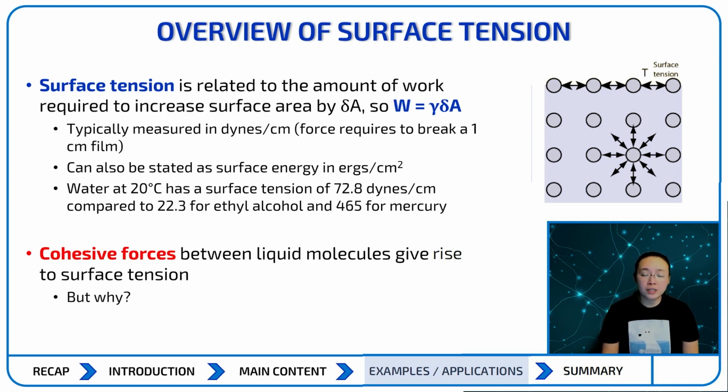Next, you have cohesive forces between liquid molecules that give rise to surface tension. So these cohesive forces can be seen over here, and we need to understand why it gives rise to surface tension. So molecules at the surface do not have other like molecules on all sides of them.